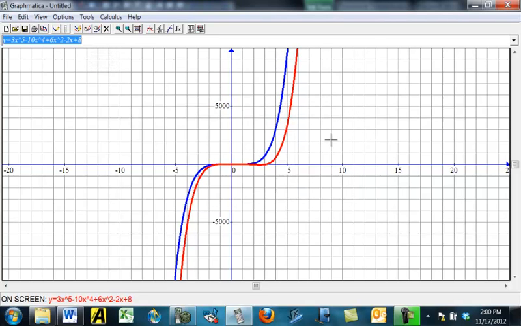Well, you see that, in fact, these have the same basic shape, at least here on the ends. Now, when we zoomed in close, maybe they don't look anything at all alike. But on the ends, if you go out far enough, what's happening is that first power, that x to the fifth, is so much bigger than everything else put together that it's basically behaving more or less like 3 times x to the fifth would.